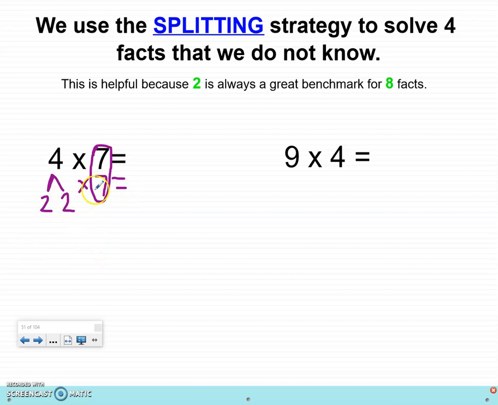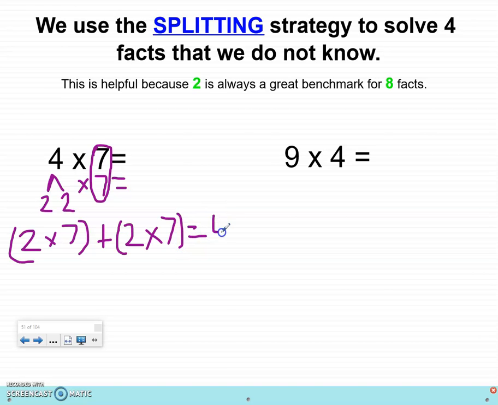So we have 2 times 7, the first 2, times that common factor of 7, plus the other 2 times our common factor of 7. And that will equal 4 times 7, our new fact.